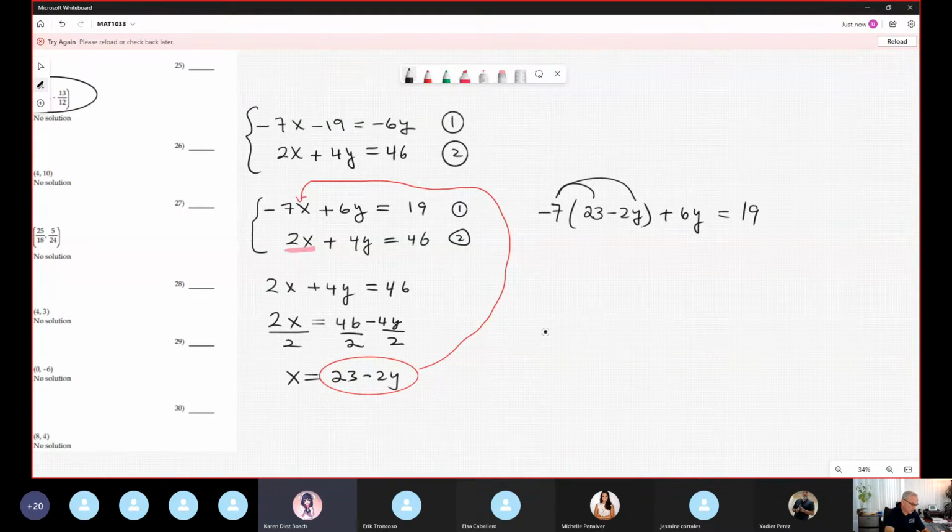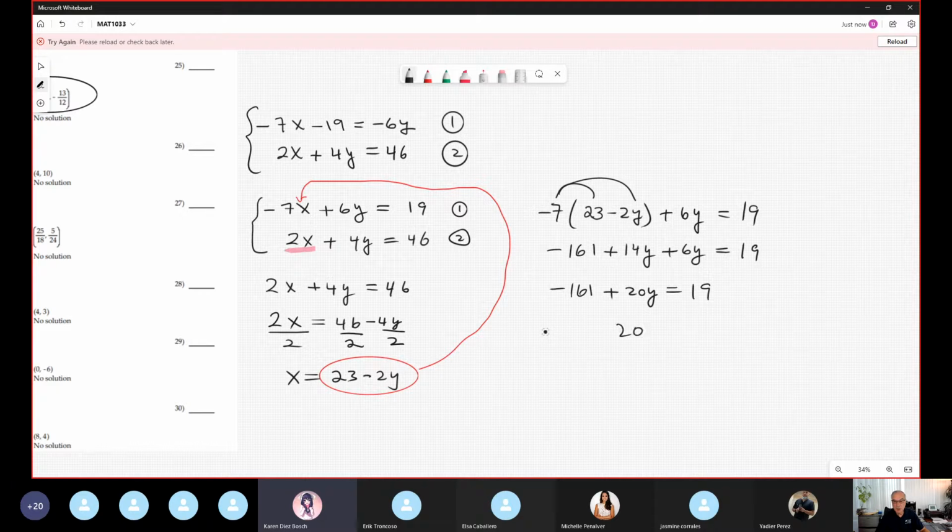Well, 23 times 7 is 161. Negative 161, minus, no, plus, negative times negative is positive 14y plus 6y equals 19. We combine: negative 161 plus 20y, 14 plus 6 equals 19.